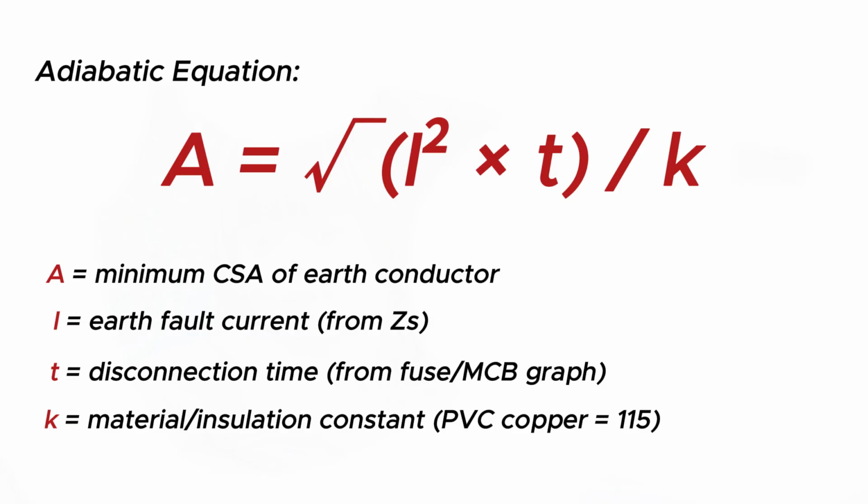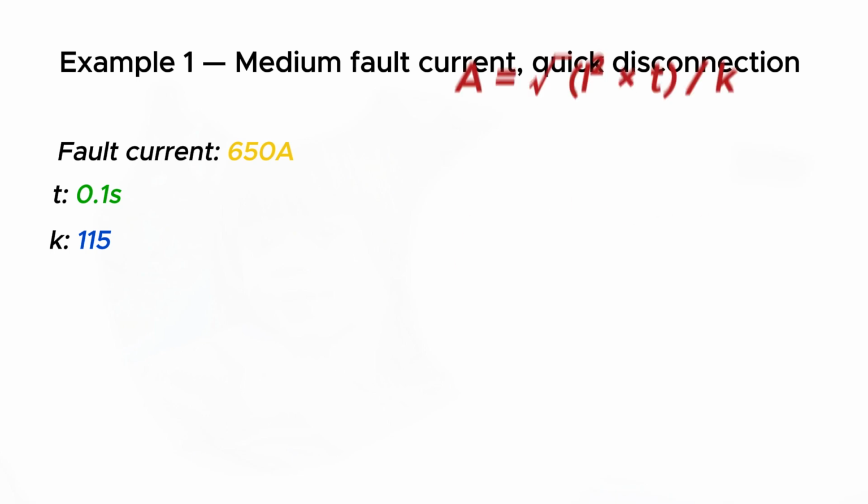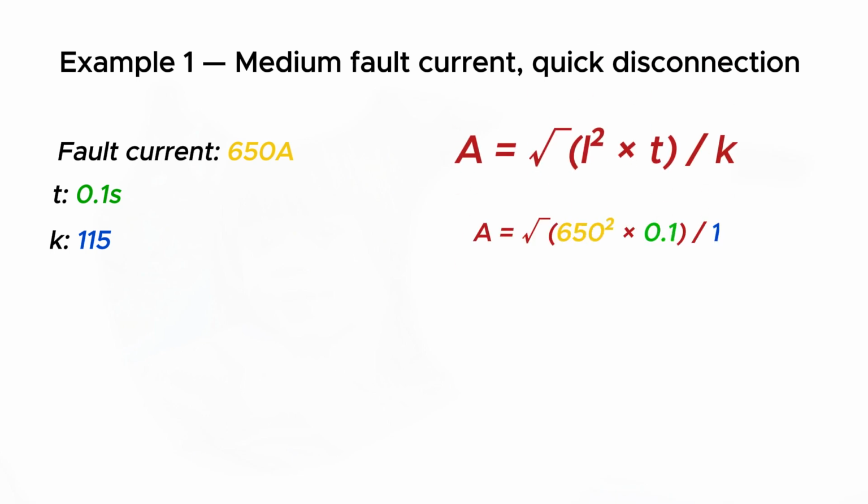Let's walk through 2 different examples to get it clear. Example 1. Medium fault current, quick disconnection. Fault current, 650 amps. T, 0.1 seconds. K, 115. A equals the square root of 650 squared times 0.1 divided by 115. A equals the square root of 422,500 times 0.1 divided by 115.